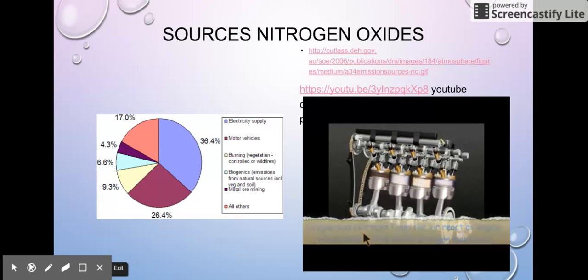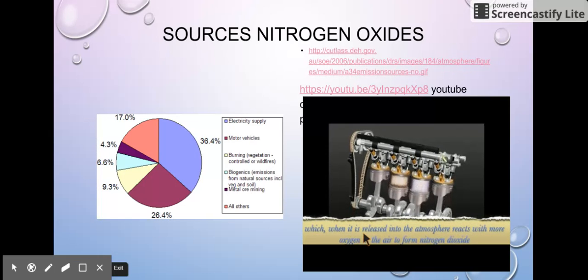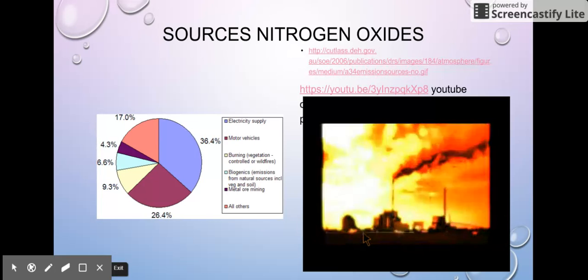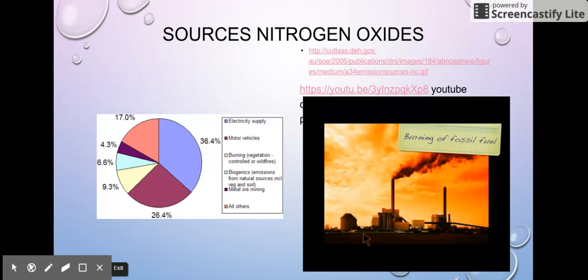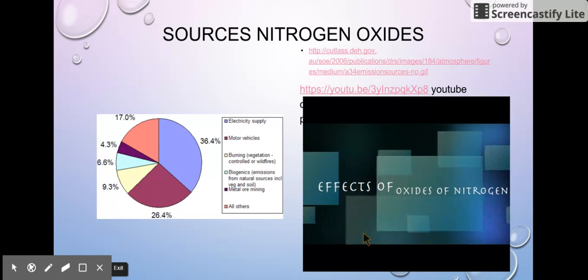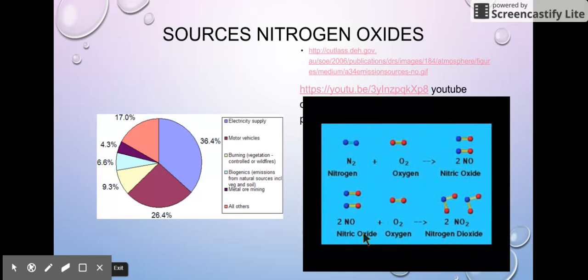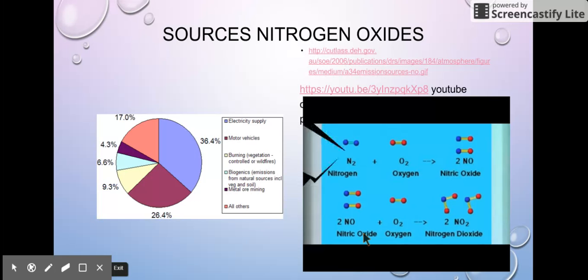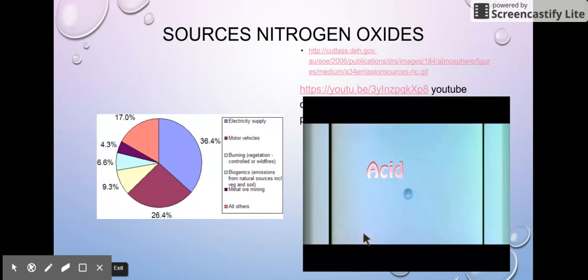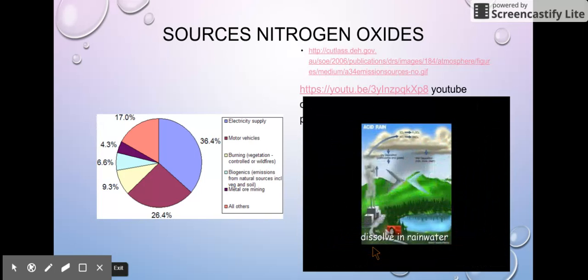This makes nitrogen monoxide, which, when it is released into the atmosphere, reacts with more oxygen in the air to form nitrogen dioxide. Acid rain is formed when acidic air pollutants such as sulfur dioxide and nitrogen dioxide dissolve in rainwater.